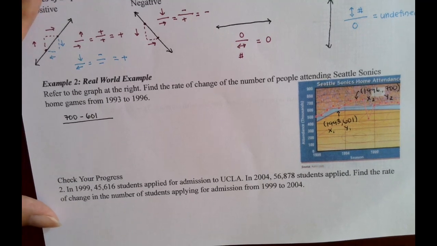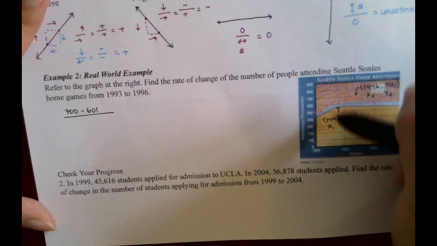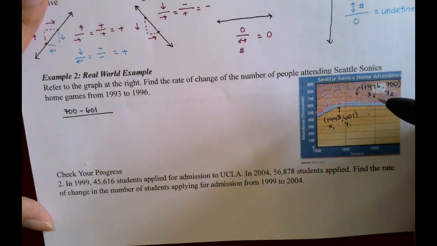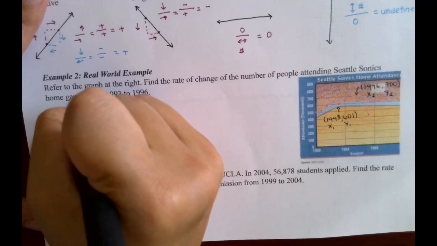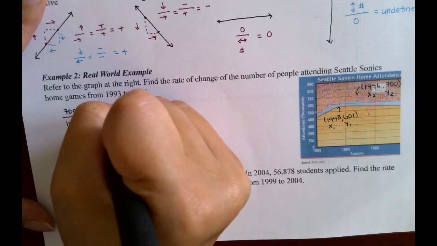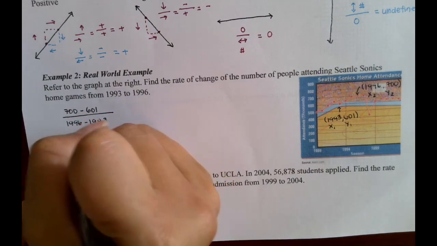I have no idea, but the book knows because it's their data. In case it's unclear and your answer is a little bit off, that's fine. That's the book's fault. And then x2 minus x1, 1996 minus 1993. 700 minus 601 is 99.